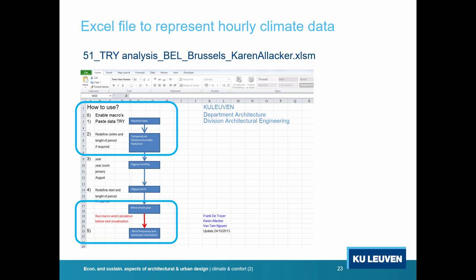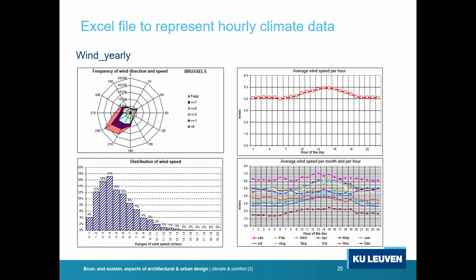The graphs are not remade as long as you don't press that button, which runs the macro, and only then are the graphs redrawn. Otherwise, even if you have deleted the data and replaced it with your own, they will still be the graphs from Brussels, which is the basic data I've put in the file.